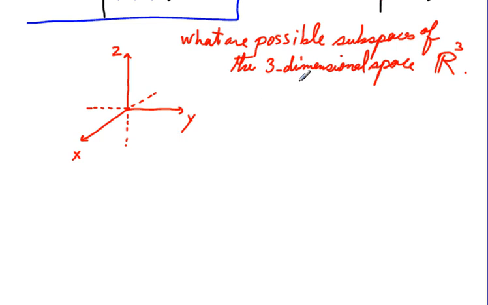Okay, what are the subspaces? A subspace is a subset that has the closure property. Well, what are the subspaces? We learned first of all the thing itself, the whole thing, whatever you started with.